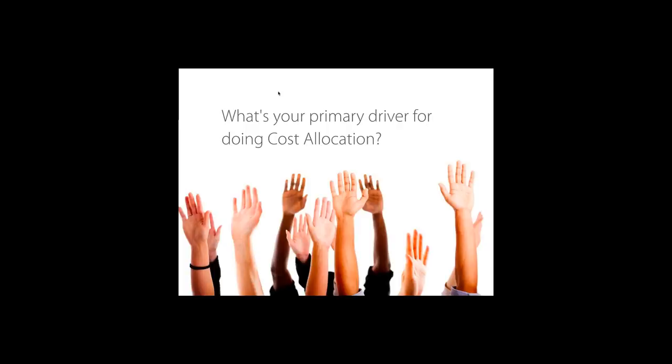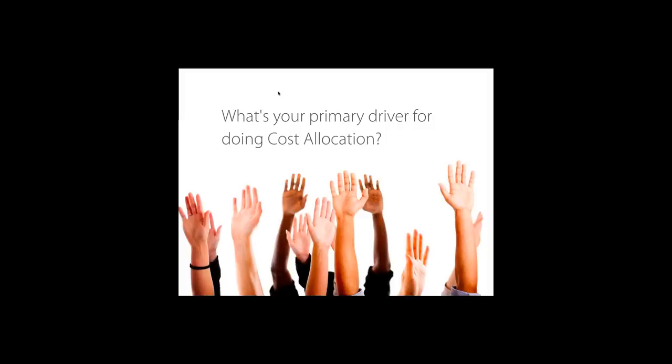So let's jump into a quick question for the group here. We're going to do a poll, and I'm curious what the primary drivers for doing cost allocation within your organization are. We see a lot of different people use cost allocation in different ways. One is simply to provide visibility for finance. We also have a lot of people who want each department to watch their spending and to keep them honest so they know what's happening within their infrastructure.